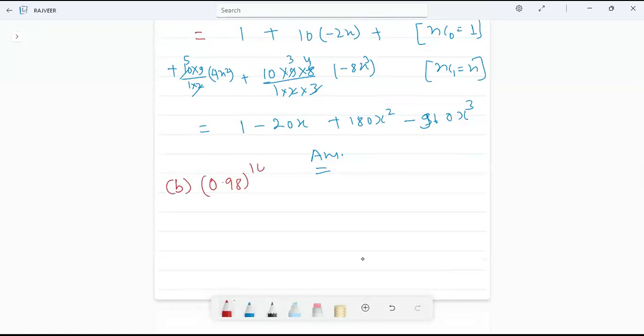Okay, so 0.98 to the power 10 can be written as 1 minus 0.02 to the power 10.